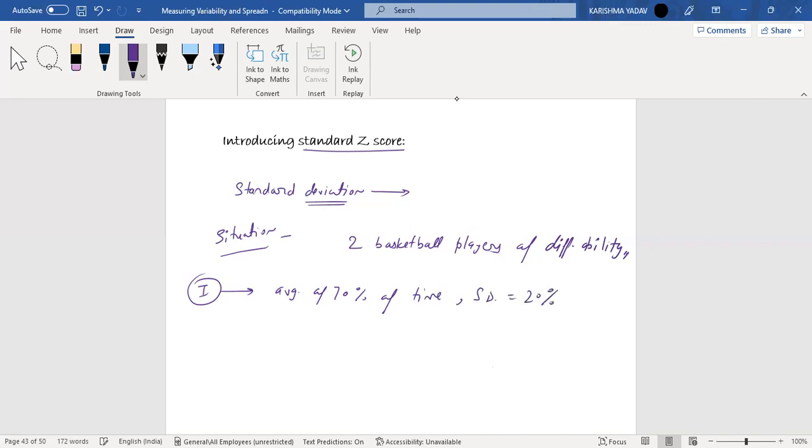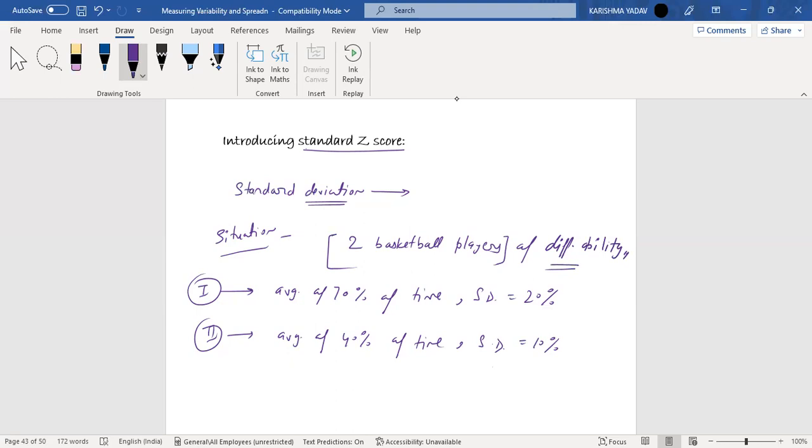The second player has an average of 40%, that is the mean, and a standard deviation of 10%. So we have two basketball players of different ability.